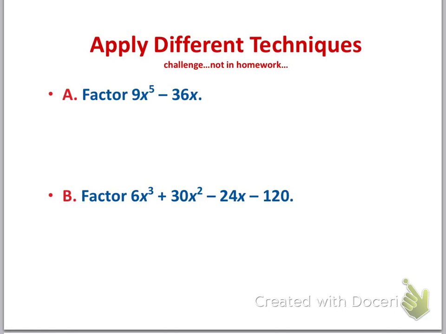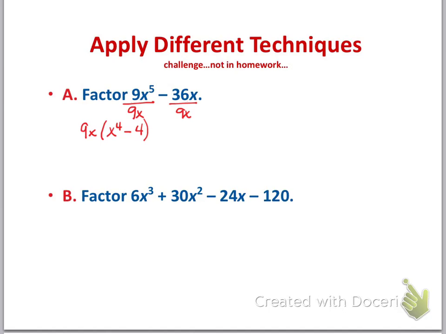Okay? This one again has to do with checking to see if there's a GCF first. We notice that these two terms can be divided by 9x. So the 9x goes on the outside. We get x to the 4th minus 36 divided by 9 is 4.